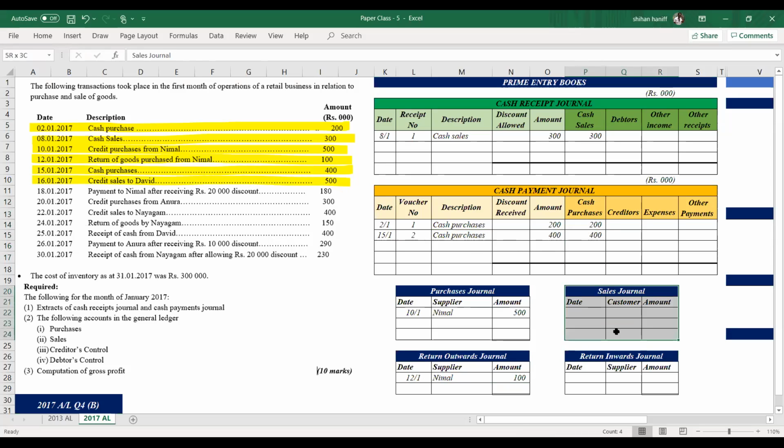So it goes to the sales journal. 16th of January, customer is David, 500,000. Sales journal.